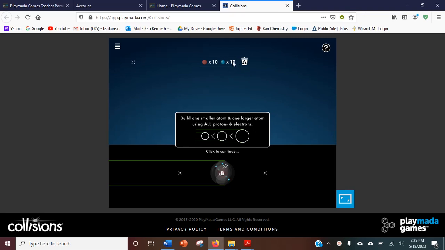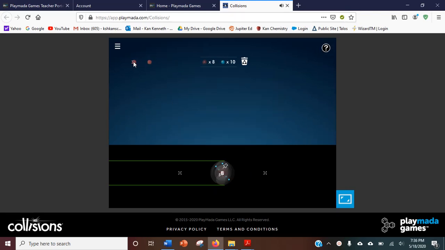You recall, the more protons in the nucleus, the closer it pulls the electrons, right? So you want to make an atom that has more protons than boron. Let's use 6. So that's carbon. We're good.